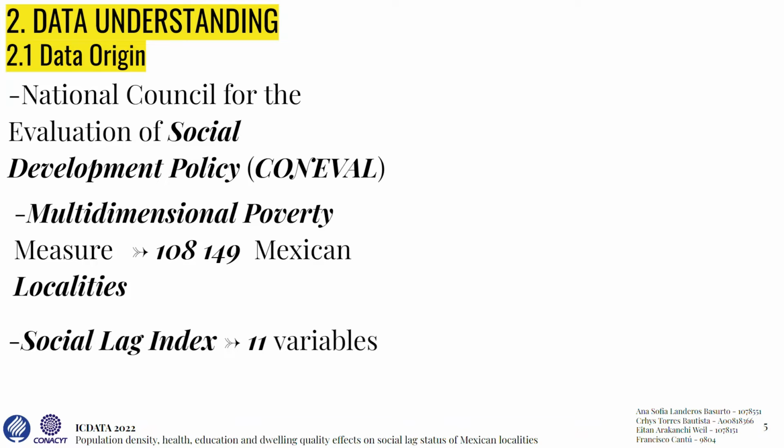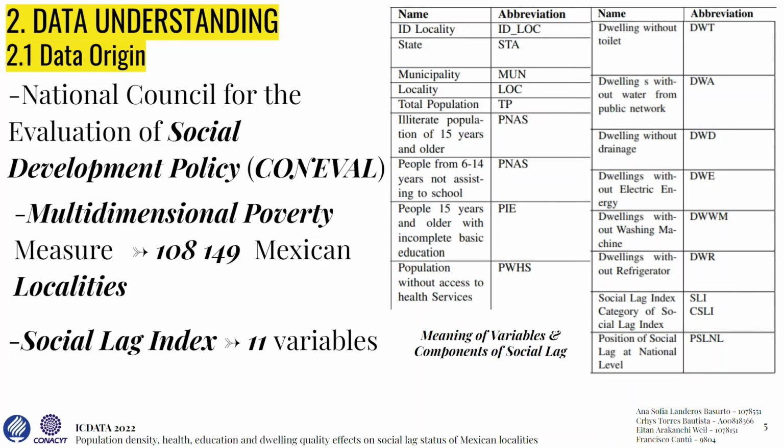The 11 variables composing the social lag index are the following. The social lag index is calculated utilizing component analysis from the weighted sum of 11 variables representing the percentage of population per municipality enjoying or not access to education, health, and living condition facilities.